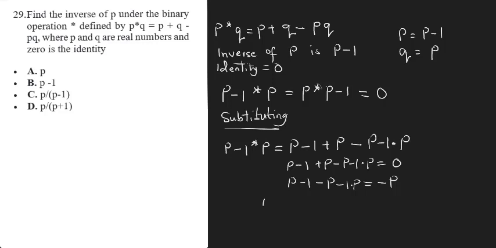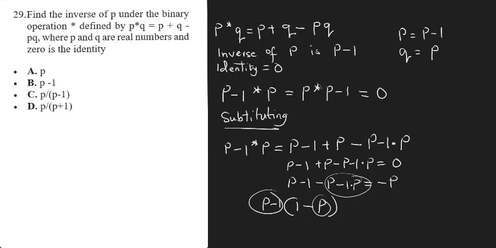So you can put P minus 1 outside, times what will give us P minus 1, of course, is 1. Then we have this minus, then we have P minus 1 dot P. So if you put only P here, why? Because P minus 1 times P will give you P minus 1 P, then P minus 1 times 1 will give you P minus 1.